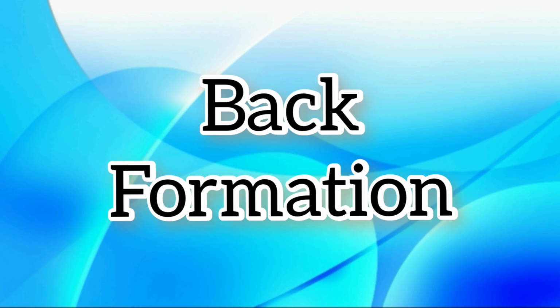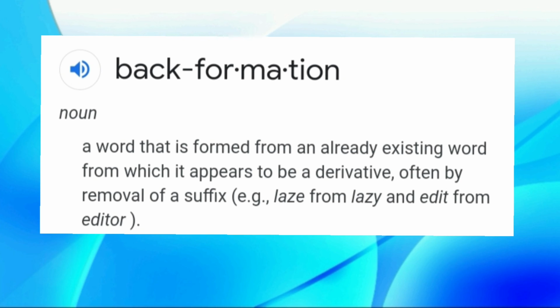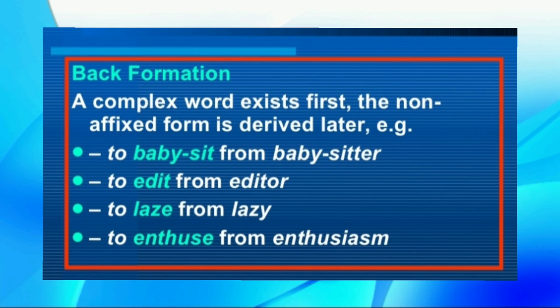Next we have back formation. Back formations are words that are formed from already existing words, from which they appear to be derived, often by removal of a suffix. So in back formation, a complex word exists from the non-affix form and is derived later.